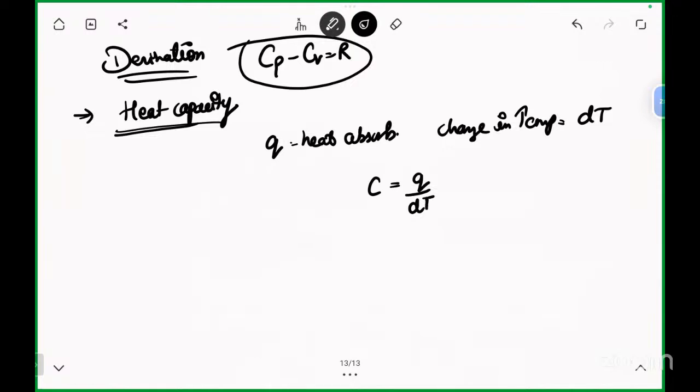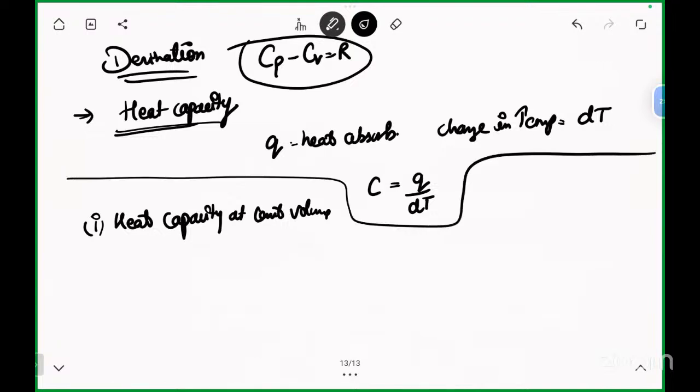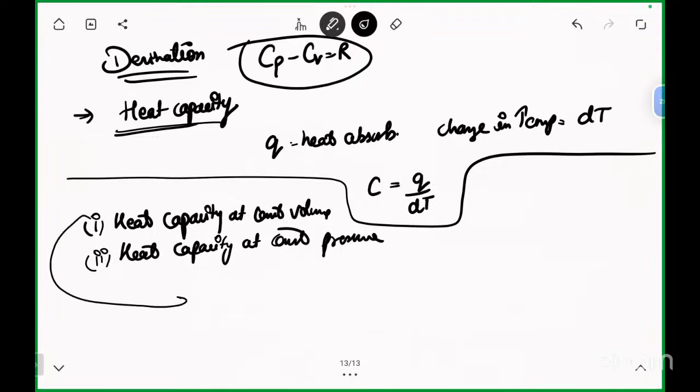We have two types: first is heat capacity at constant volume, second is heat capacity at constant pressure. First we'll calculate the heat capacity at constant volume.